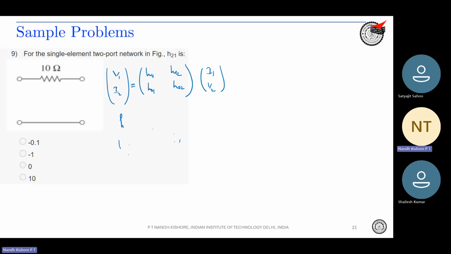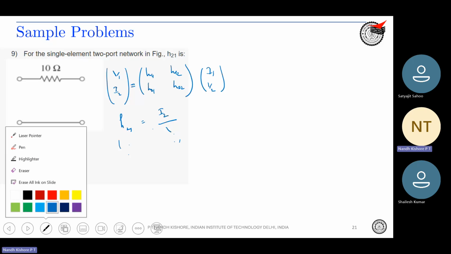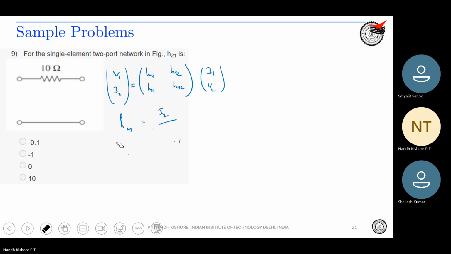So the question is H21, right? What is H21? From this itself, you can write that H21 is equal to I2 by I1 with V2 equal to 0. Correct?